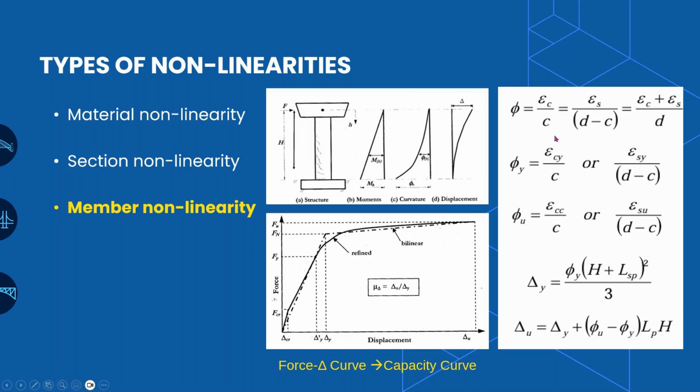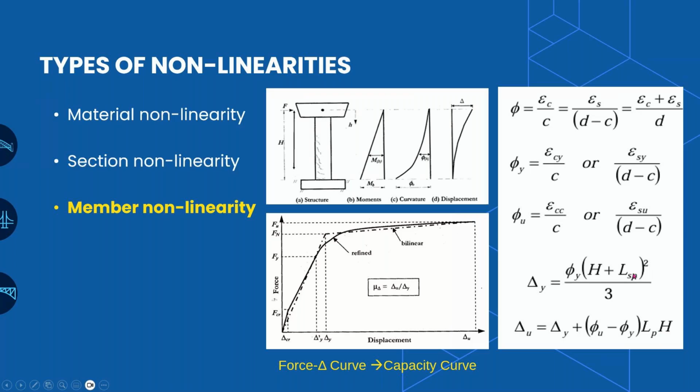The formulas to compute the displacement ductility in this case are given in many literatures. A common formula is given here. Delta U is equal to delta Y plus phi U minus phi Y times LP times H. The value of LP that we see here is nothing but our plastic hinge length.